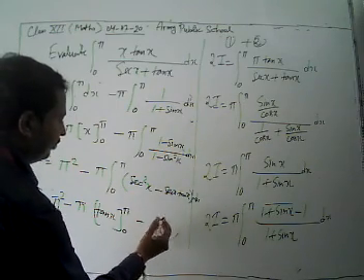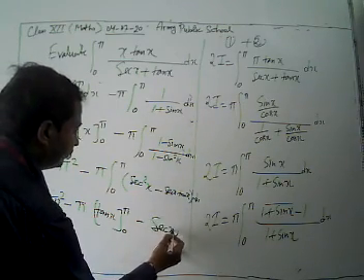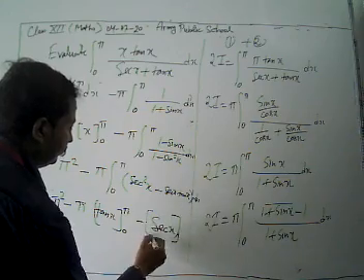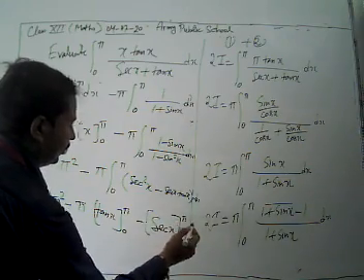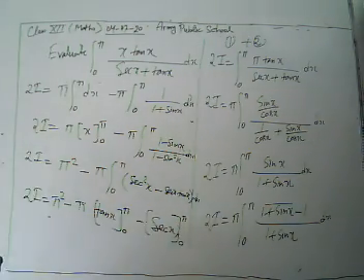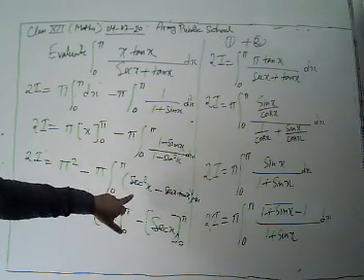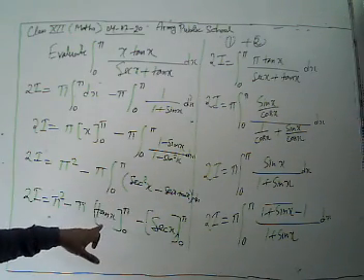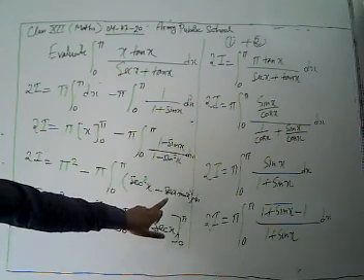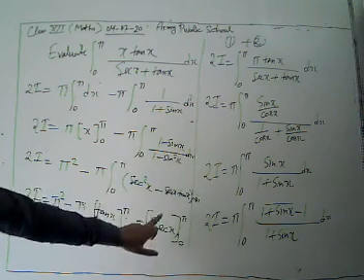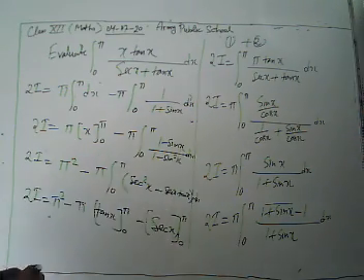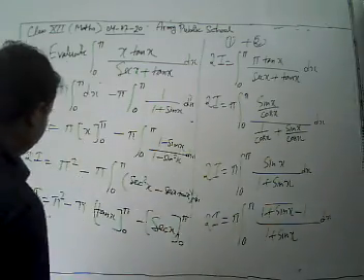Minus the integration of sec x tan x, which is sec x, from 0 to pi. Now we put in the limit there.